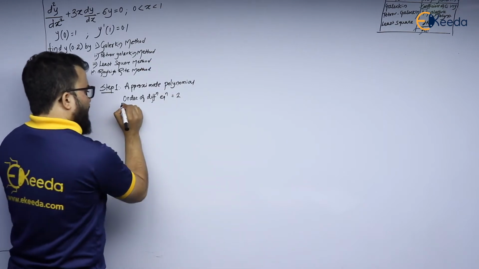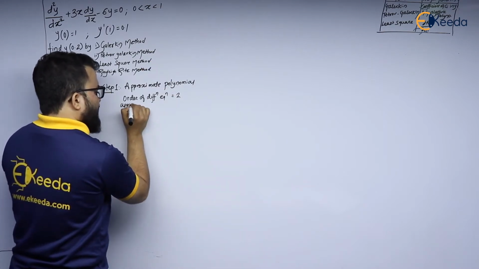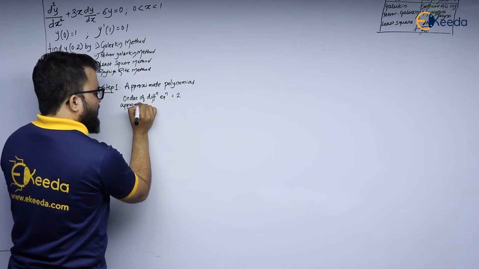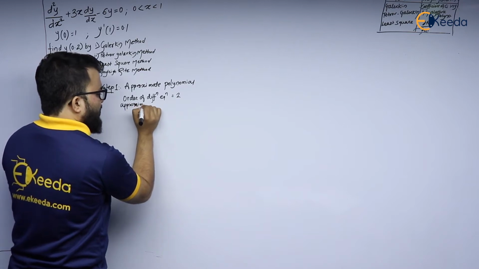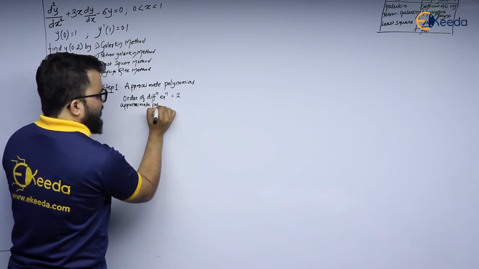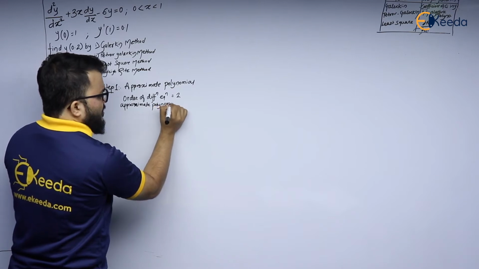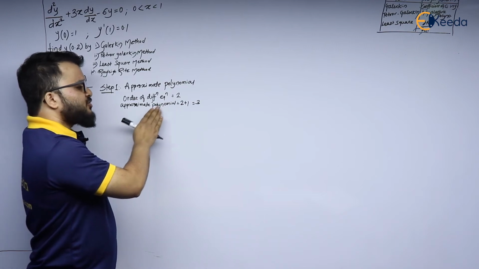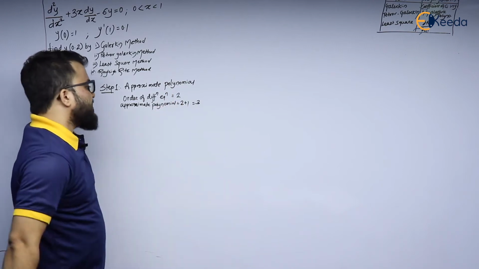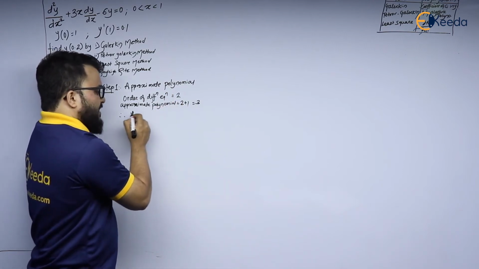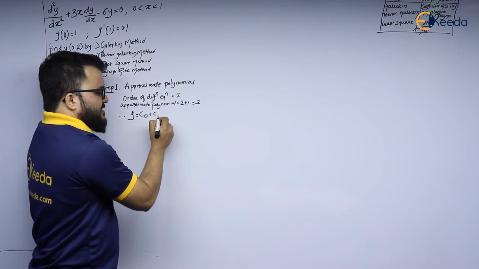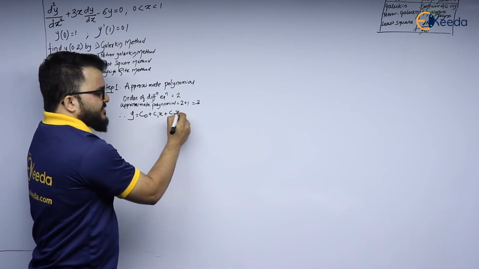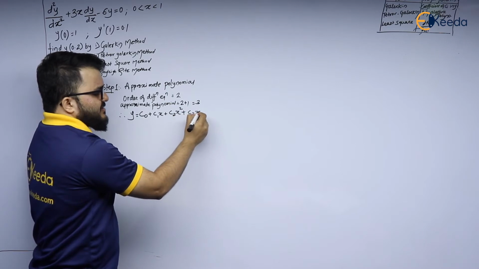So our approximate polynomial order should be 2 plus 1, that is 3. So we will write y equals c0 plus c1x plus c2x square plus c3x cube.